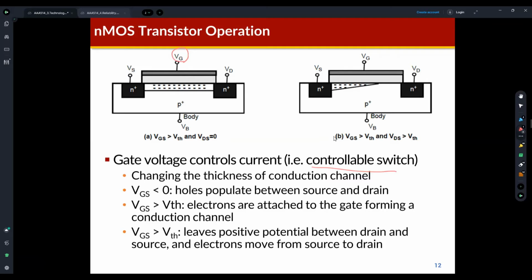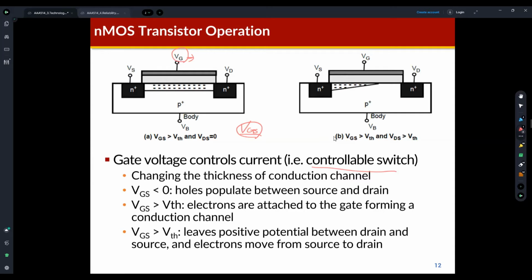That means we need to focus on the voltage level of the gate port, like VGS. Based on this gate voltage level, the characteristics of the MOS transistor change. Okay, so let's focus on that.